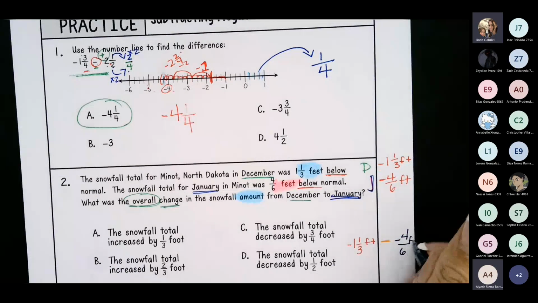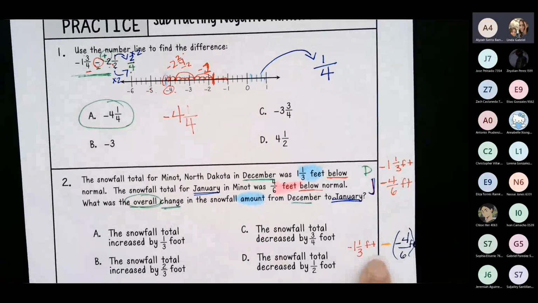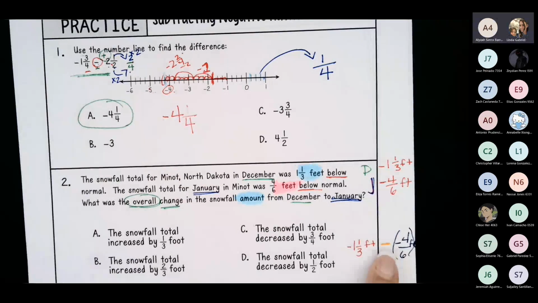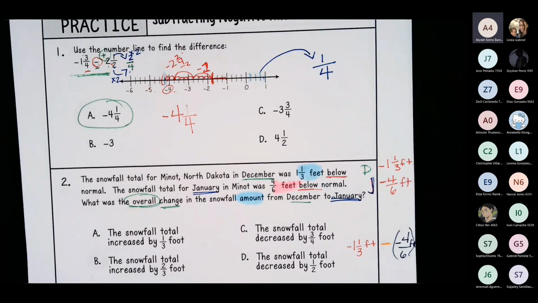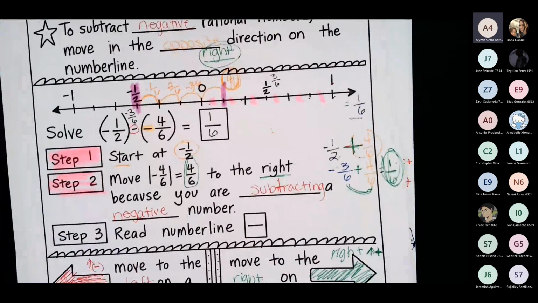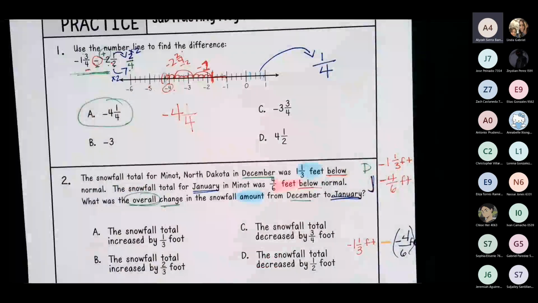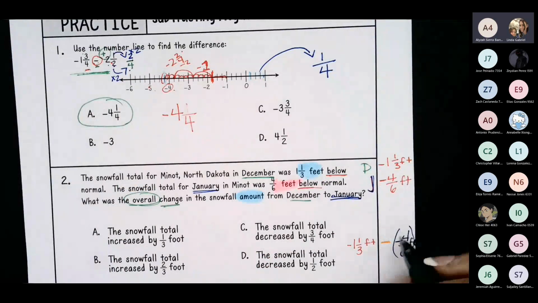-4/6 of a foot. If I look here, I have negative, and I'm subtracting, right? So I'm subtracting a negative. It tells me that I need to turn this side.